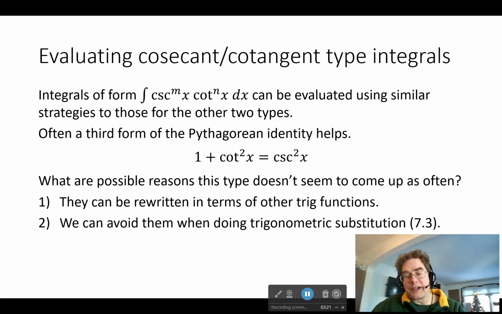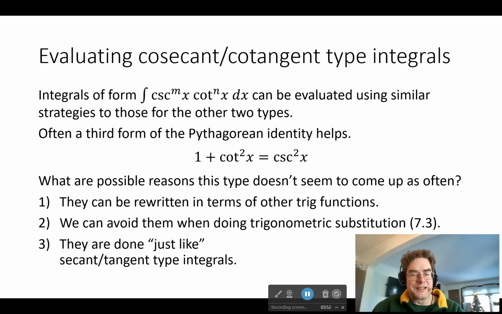But when you do trigonometric substitution, the first goal anyway is to end up with a trigonometric integral of the type that we are dealing with in this section. And from trigonometric substitution, you can always get either a sine cosine or secant tangent type. And so for trigonometric substitution purposes, the cosecant cotangent type doesn't really come up.